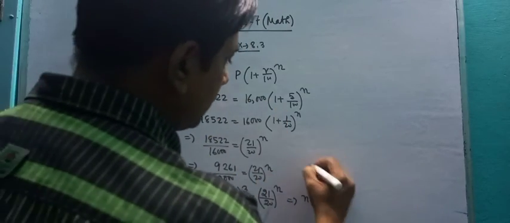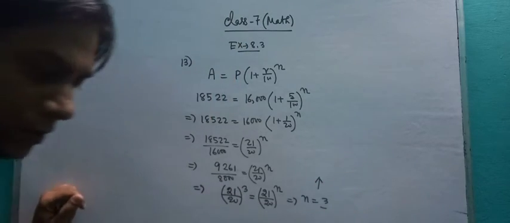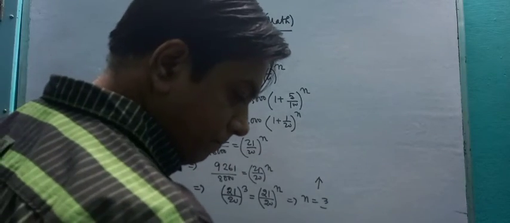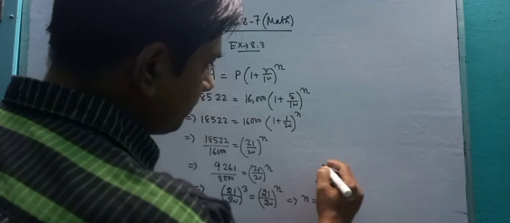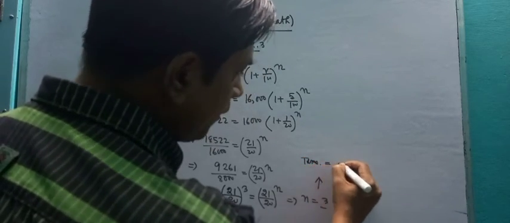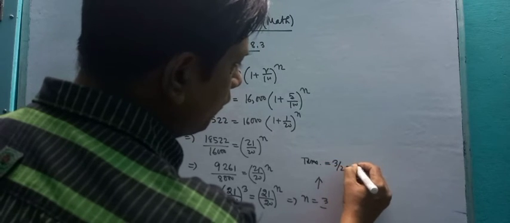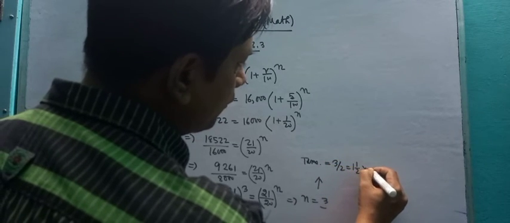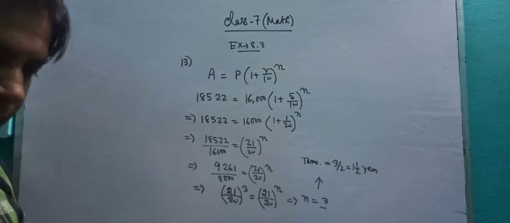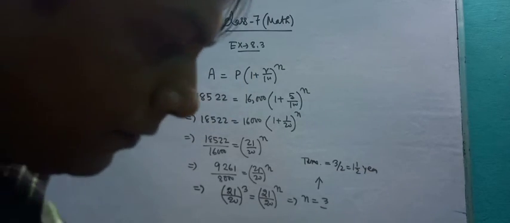That's why, whatever the question asks, the time period is 3 divided by 2, 1 whole number 1 by 2 years. Clear?